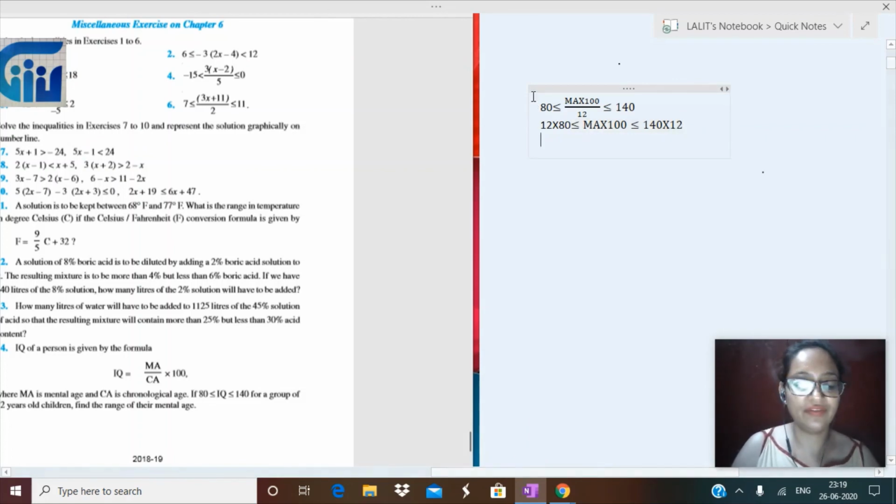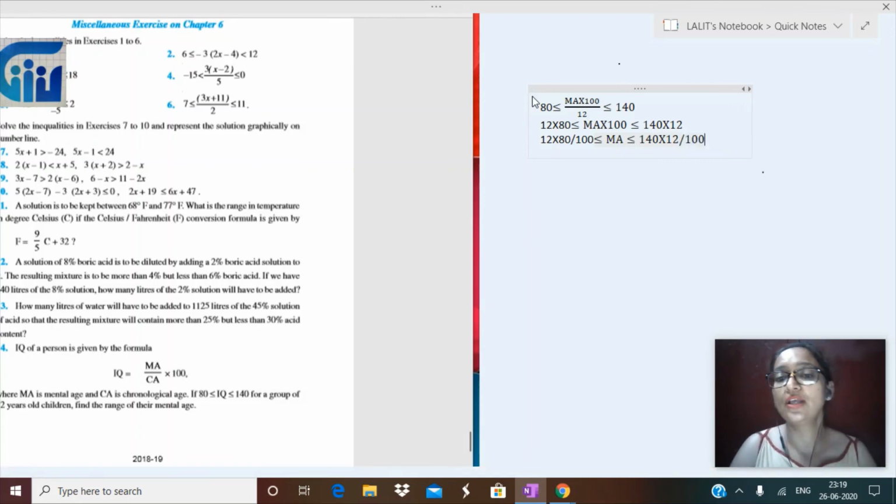Further, we will write 12 into 80 divided by 100 less than or equal to MA and less than or equal to 140 into 12 divided by 100, right? So solving this, you will get the mental age of a 12-year-old child, right?